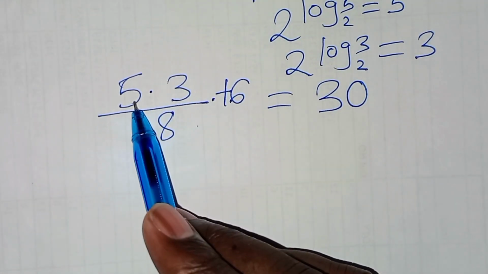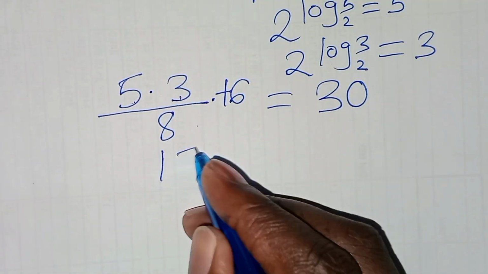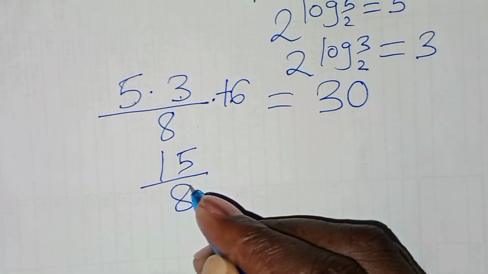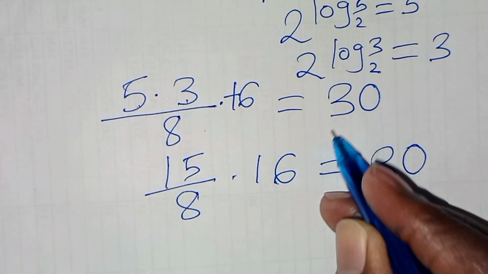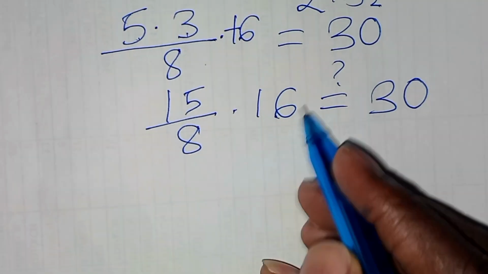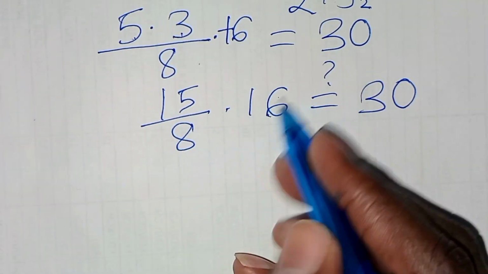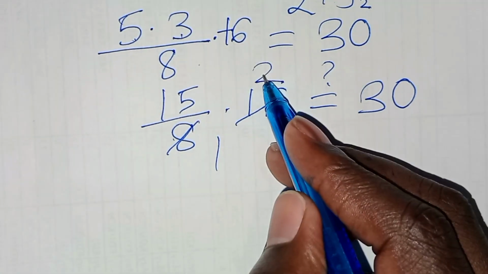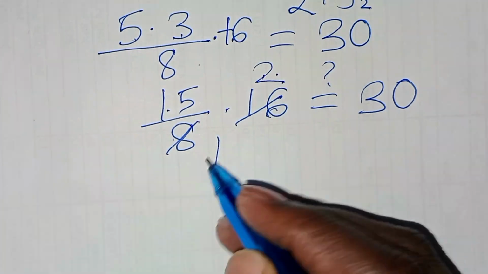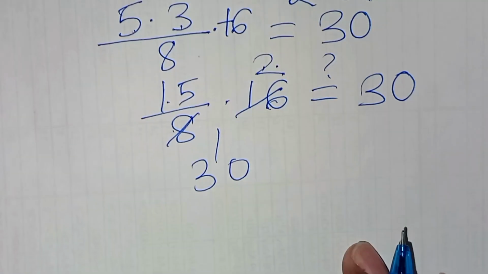So 5 times 3 is 15. 15 divided by 8 times 16. This is supposed to give us a value of 30. You can simplify here: 16 divided by 8 is 2. Then 15 times 2 is equal to 30.